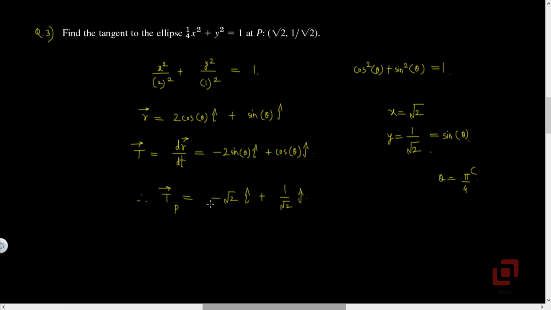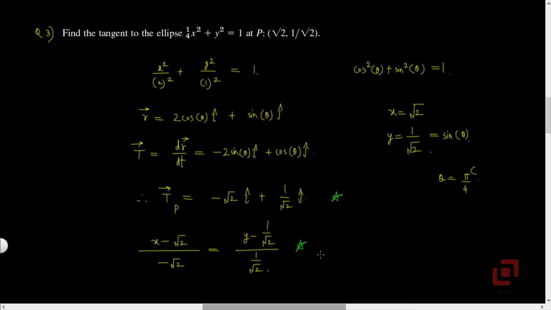Let's now find the equation of the tangent to the ellipse, which will be (x − √2)/(−√2) = (y − 1/√2)/(1/√2). Again, there is no need to write the z component because the ellipse entirely lies in the xy plane.